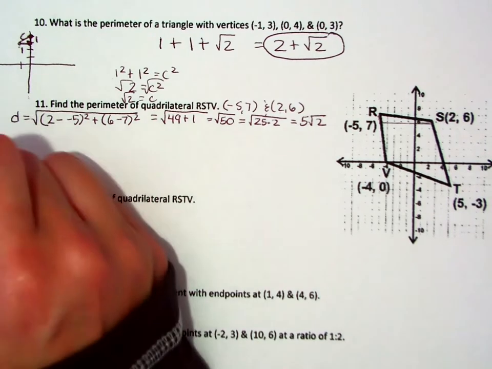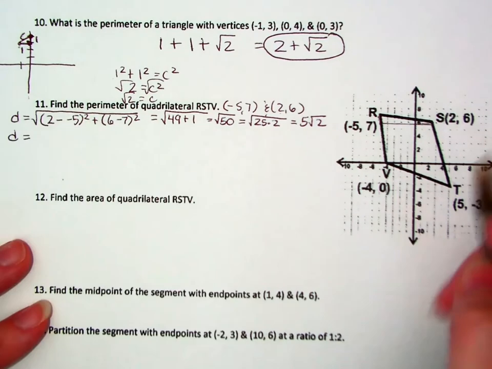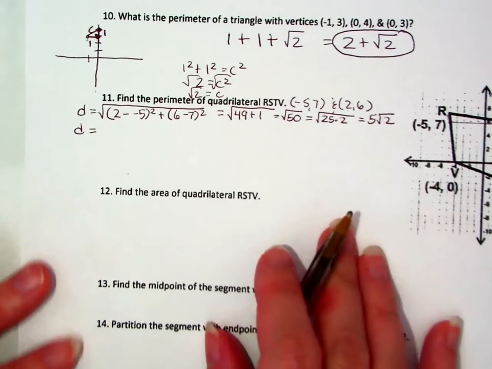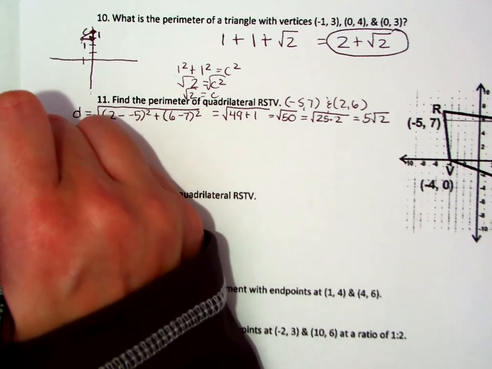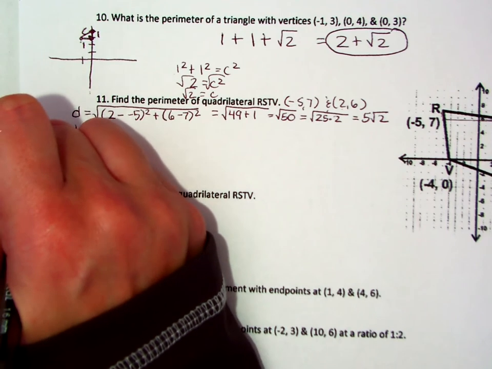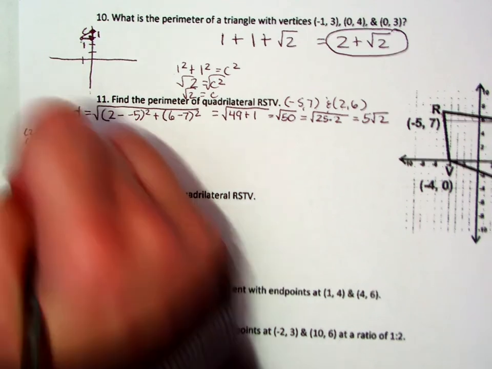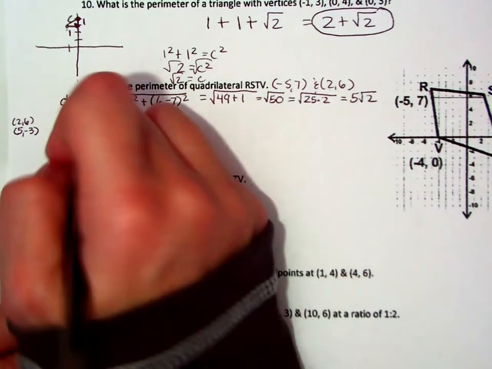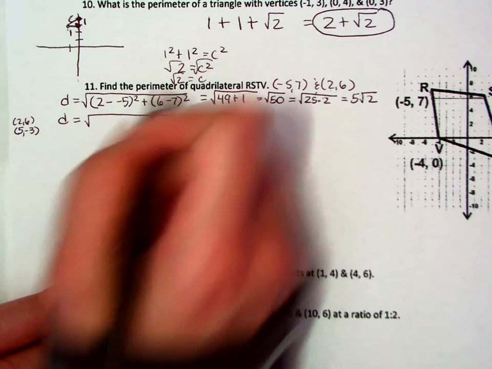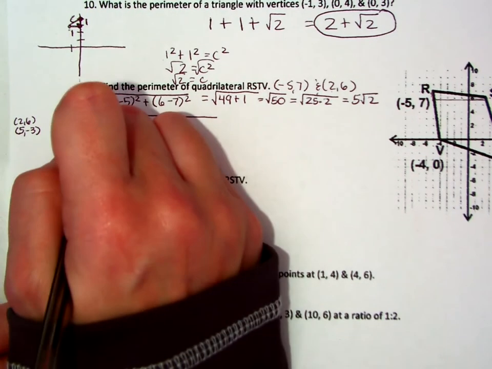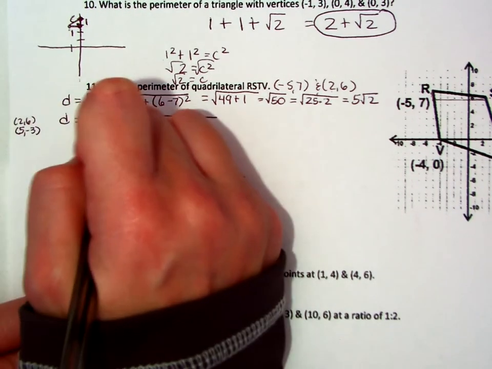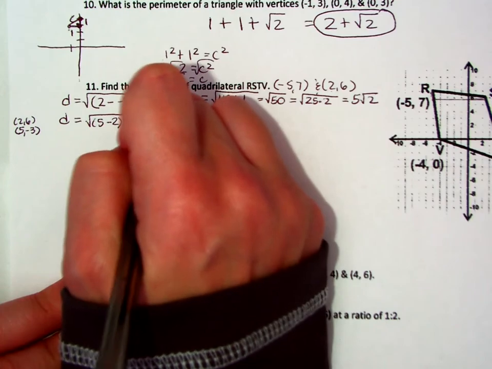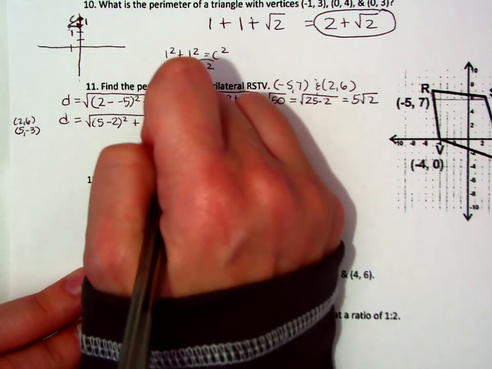Now let's do another one. Let's go ahead and get these 2 coordinates here. We're going to be doing 2, 6, and 5, -3. Distance is going to be equal to the square root of x2, which is 5, minus x1, which is 2, squared, plus y2, which is -3, minus y1, which is 6, squared.